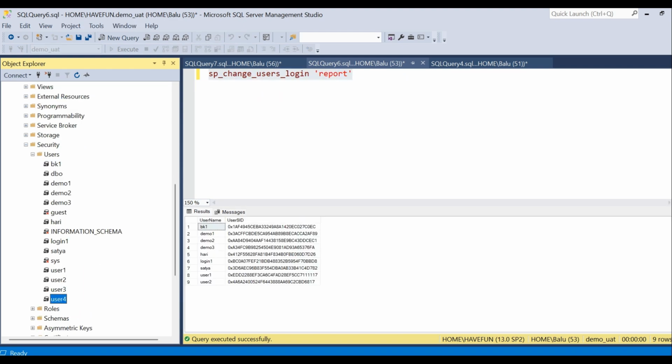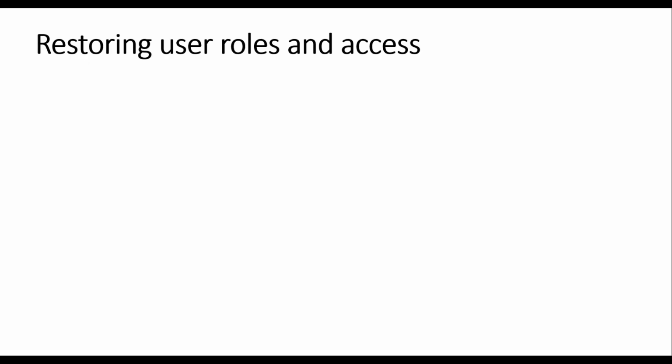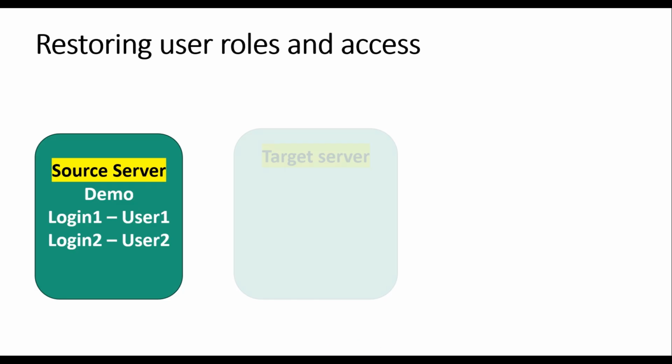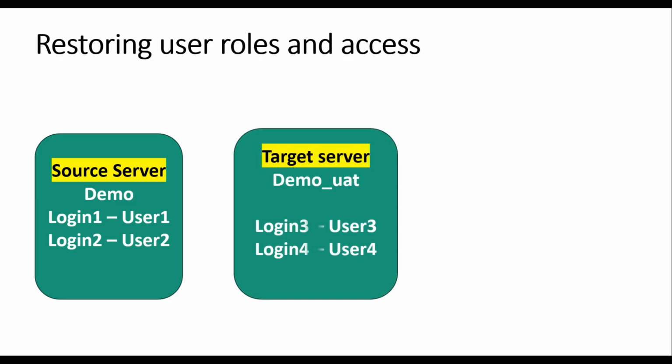If you are confused, let me try to explain using a pictorial representation. A source DB server with the demo database and user 1 and user 2 as two logins, and a target server with user 3 and user 4 as two logins, and we are doing the refresh.